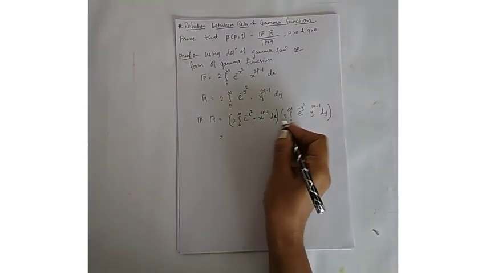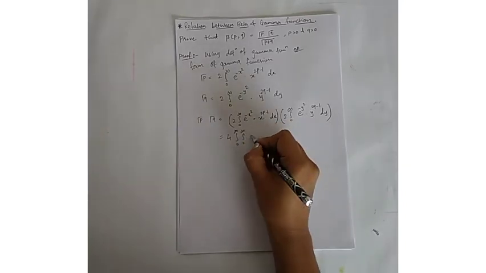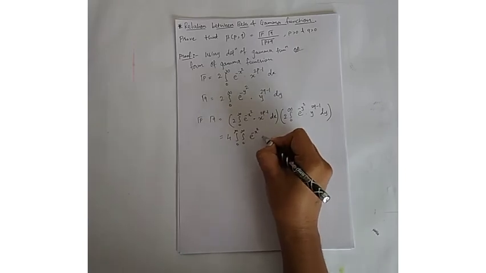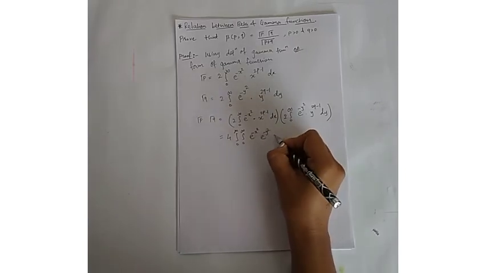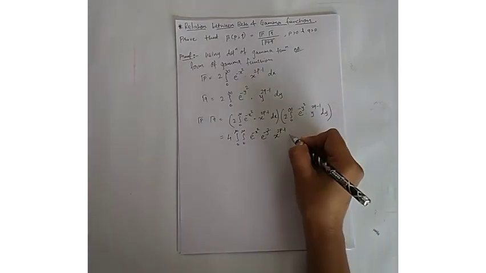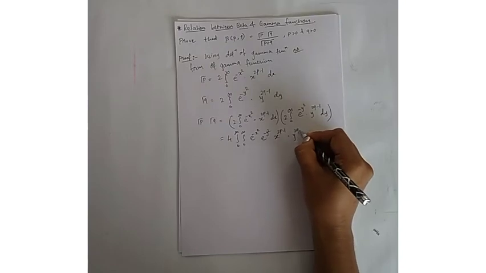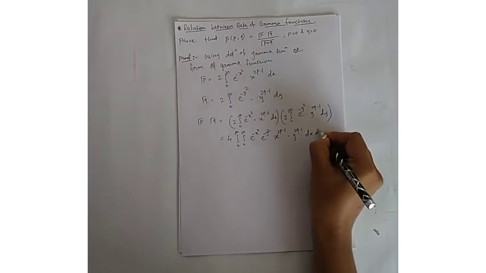Simplify this, 2 into 2, 4, double integration with limit 0 to infinity e raised to minus x square into e raised to minus y square into x raised to 2p minus 1 into y to the power 2q minus 1 into dx dy.